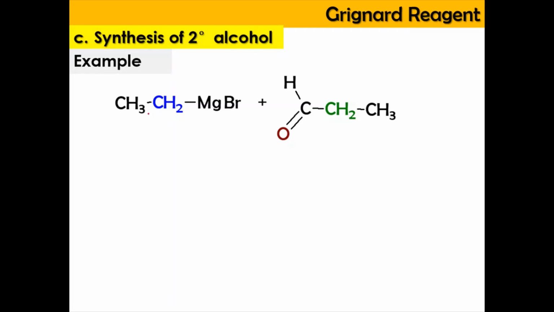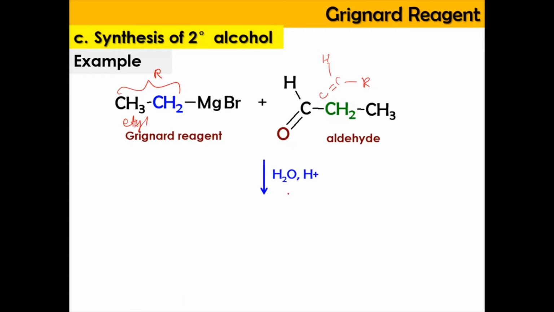Okay, now we're going to look into a specific example. Our R was general, but now we're using ethyl MgBr here, and it is reacting with an aldehyde. So our R here also becomes an ethyl group. Grignard reagent reacting with aldehyde in the presence of hydrolysis is one straight step, so we get the product straight away.